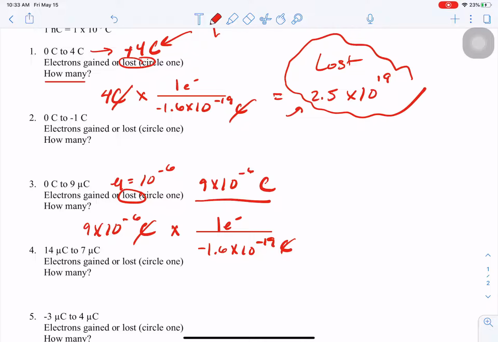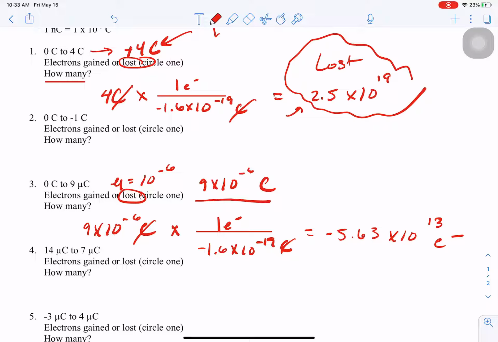All right, and I get negative 5.63 times 10 to the 13th electrons.